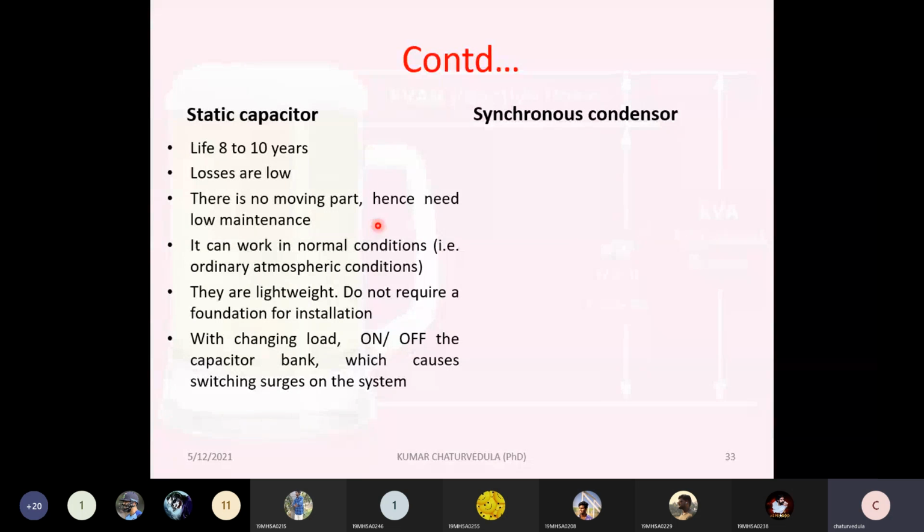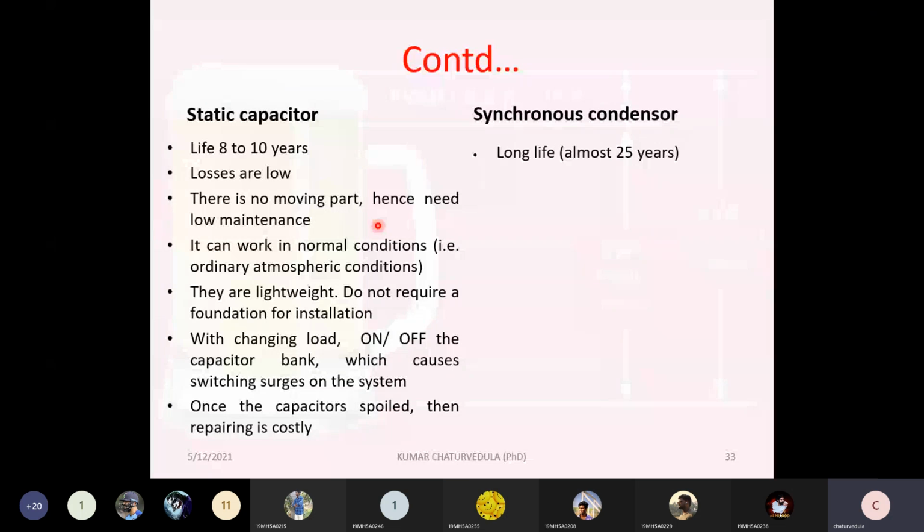With sudden changes in load, you have to suddenly switch the capacitor banks on and off. Because of that, small switching spikes will happen in the system, which you have to take care of. If this happens frequently, your capacitors will become damaged, and the repairing will be costly.